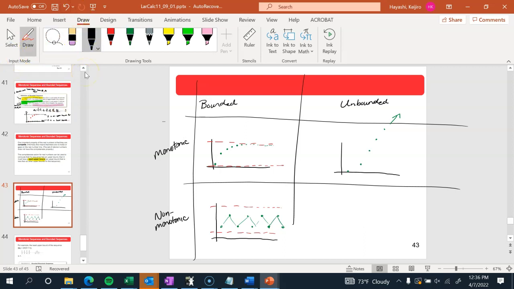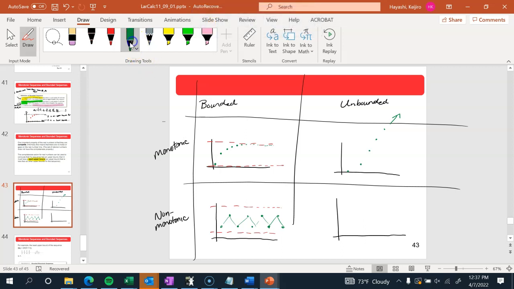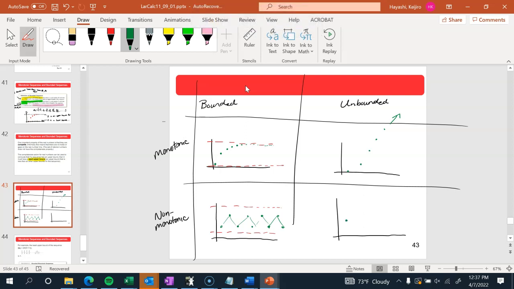And last, an unbounded and non-monotonic function. Probably not one that we see too much of, but something like that would be something that starts here, goes up, then goes down a little further than it was before, then goes up a little further than it was before. Something like this.